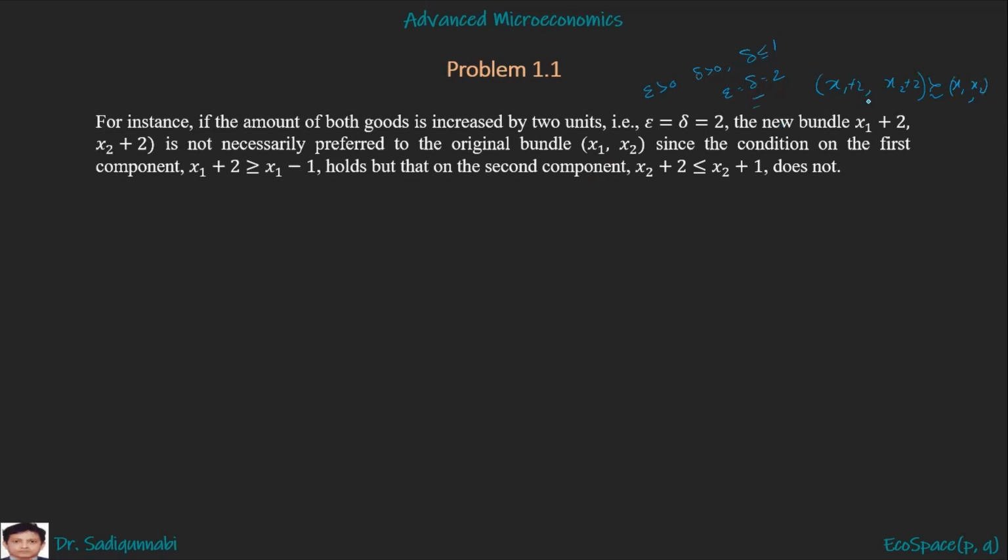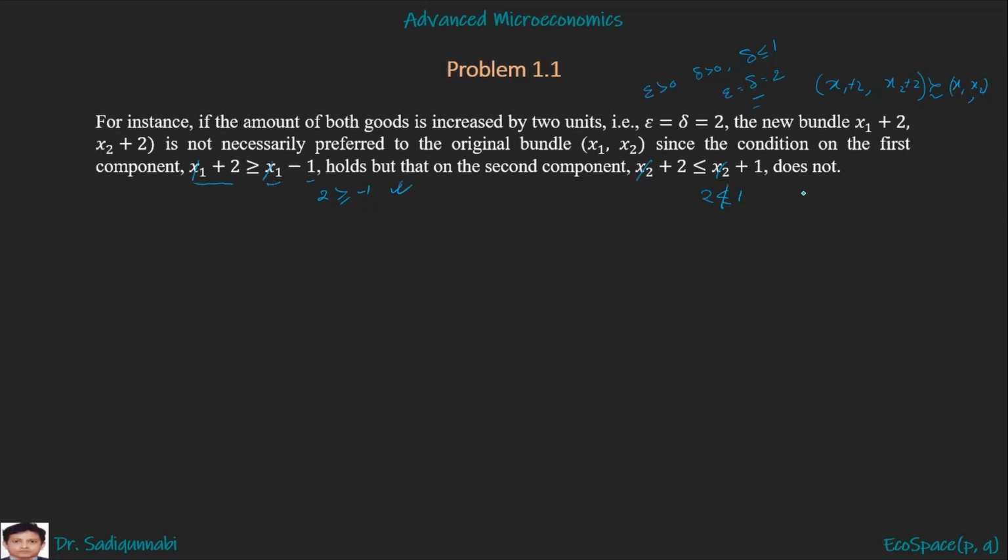For the first component, X1 plus 2 should be greater than or equal to X1 minus 1. So X1 cancels out, and 2 is greater than or equal to minus 1, which is obvious, no problem. But what about the second component? X2 plus 2 should be less than or equal to X2 plus 1. So X2 cancels out, and we get 2 should be less than or equal to 1, which is not possible.